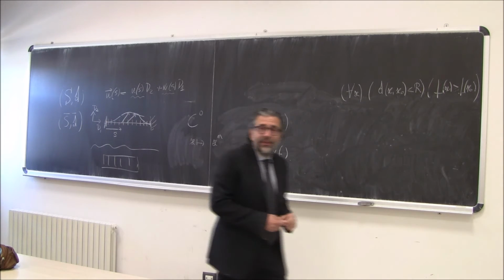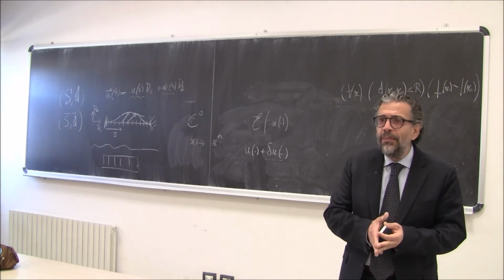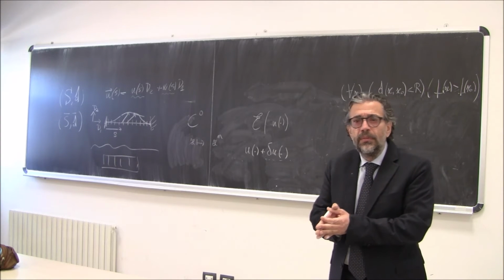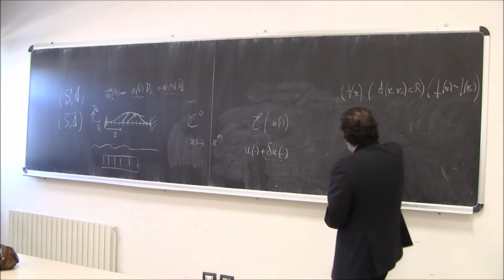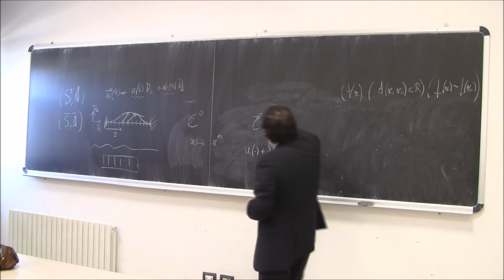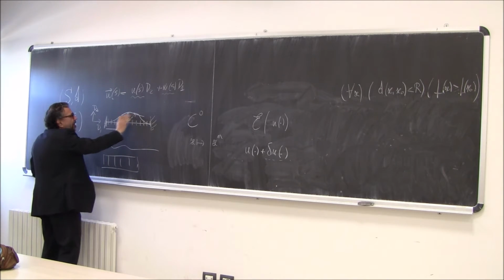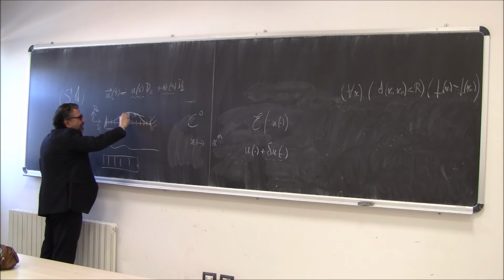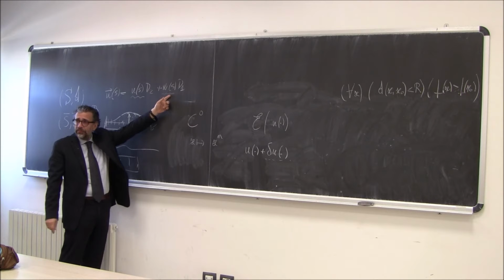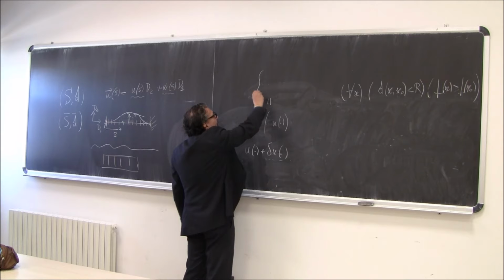So I must define what it means that one configuration of your beam is close to another configuration of this beam. For simplicity, let us limit ourselves to the situation in which the beam is only displaced with transverse displacement. So W is 0. And let us assume that the energy is this one.